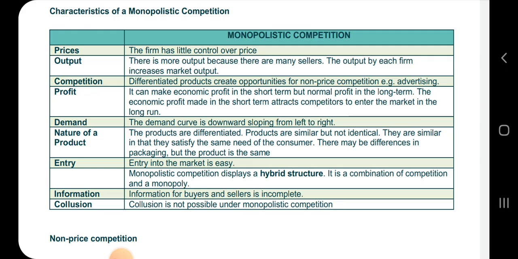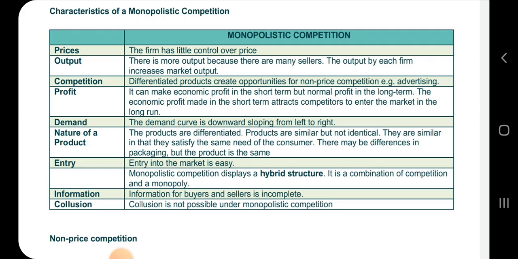So they compete with advertising as well. Profit, it can make economic profit in the short term but normal profit in the long term. Demand, the demand curve is downward sloping from left to right. Nature of product, the products are differentiated, similar but not identical. And then entry into the market is easy.